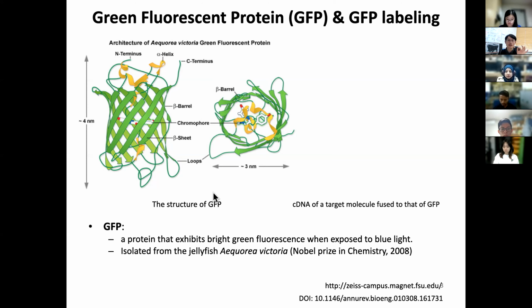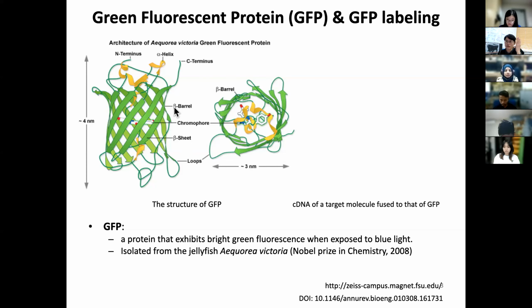Let's take a look at what the protein looks like. It's a very interesting shape. Look at the size: it's 3 by 4 nanometers. It's a tiny, tiny protein. But the real core is the chromophore. Chromo means color, so the color-generating entity is hidden in the middle, surrounded by this beta barrel shape.